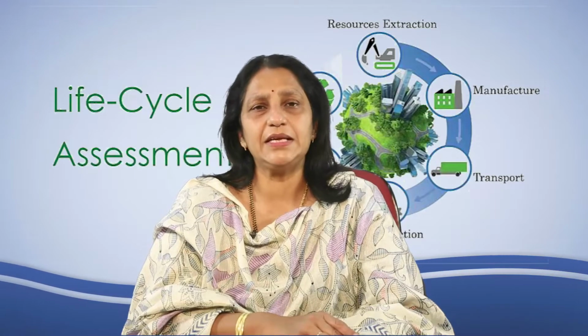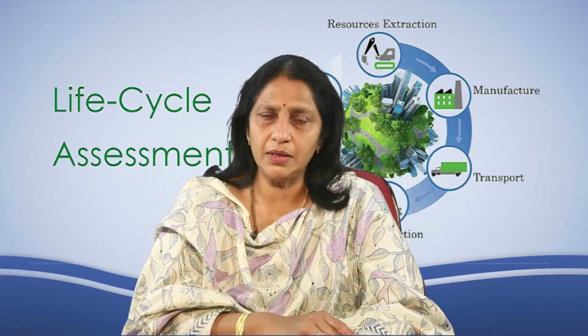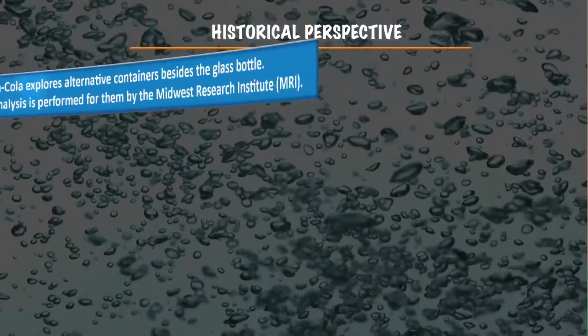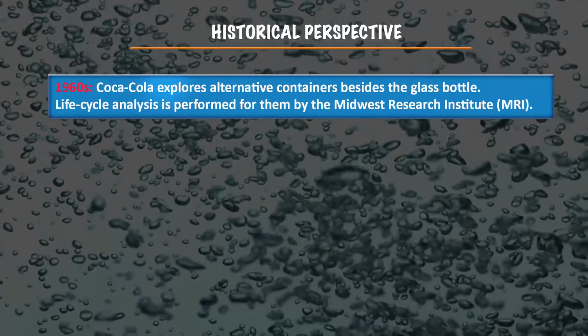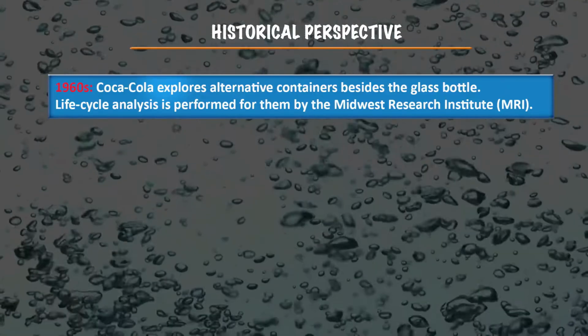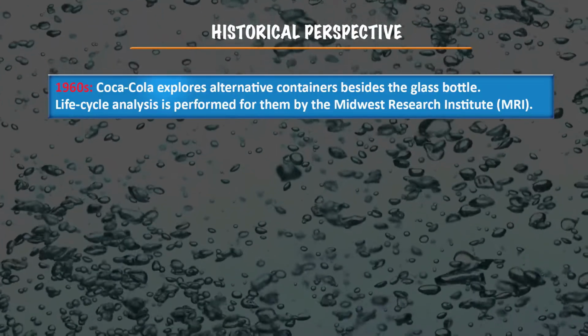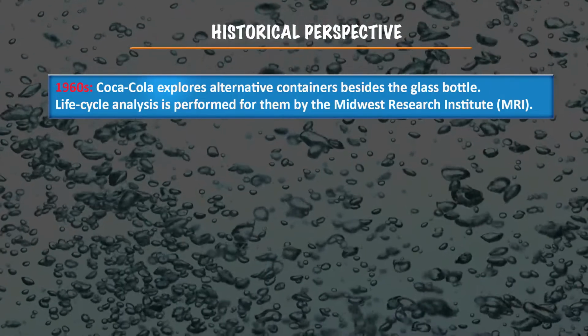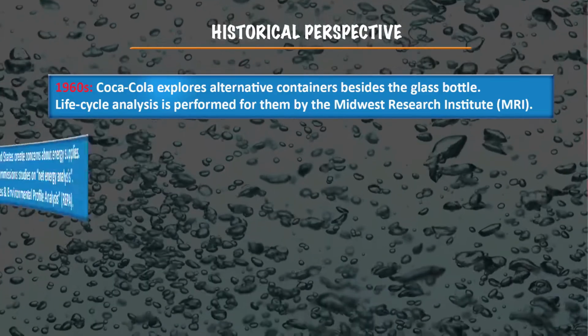Now we will see whether it is a new phenomenon or already existing. First, the historical perspective of life cycle assessment. It is not a new phenomenon. In the 1960s itself, the Coca-Cola company explored alternative containers besides the glass bottle, and life cycle analysis was performed for them by the Midwest Research Institute.